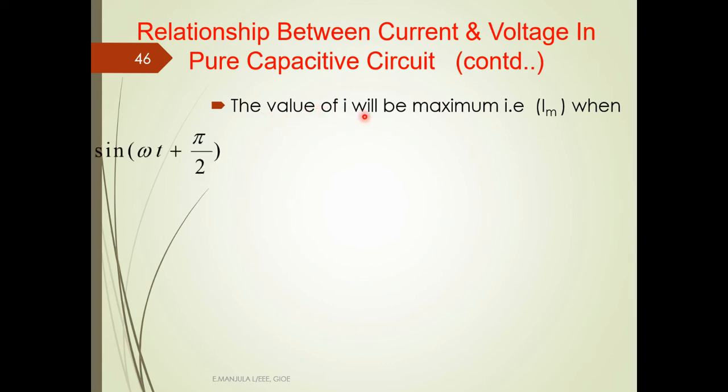Here the value of i will be maximum, that is I maximum, when sin of omega t plus pi by 2 is equal to 1.